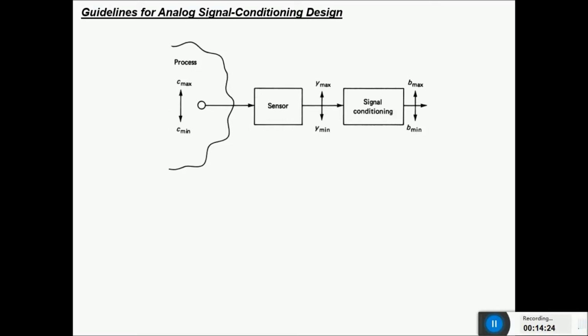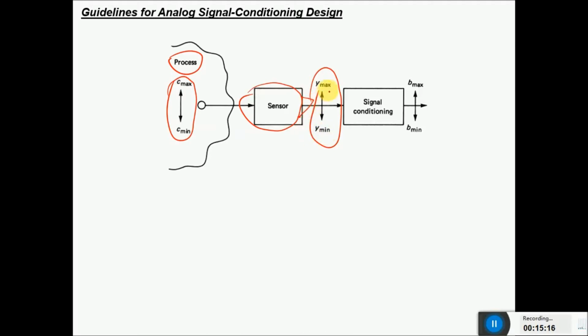You have a process, and in that process, a change in variable results in a change in some other parameters. Those parameters are detected by a sensor, and some intrinsic properties of the sensor change in a certain limit, and that limit is Ymin to Ymax. This Ymin and Ymax can be a function of capacitance, resistance, voltage, current, or anything.